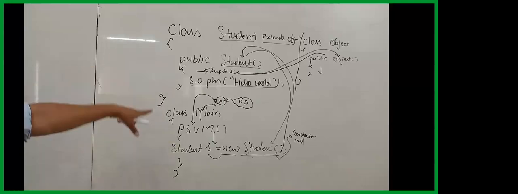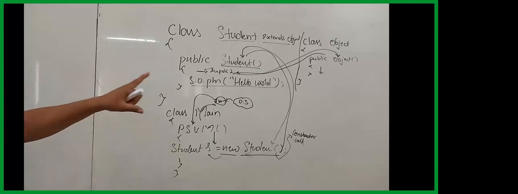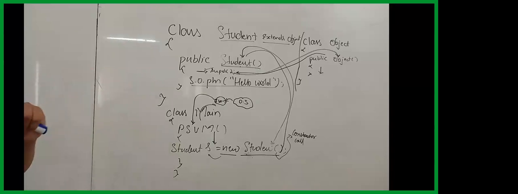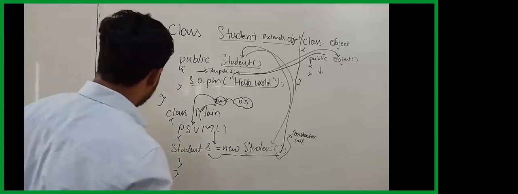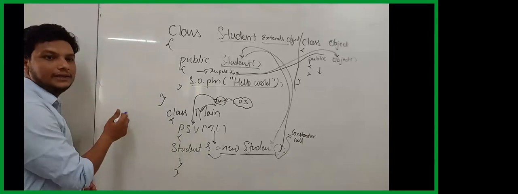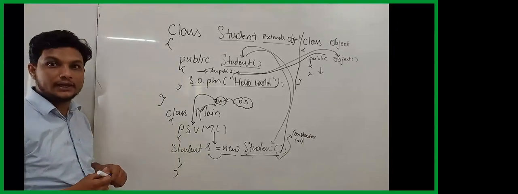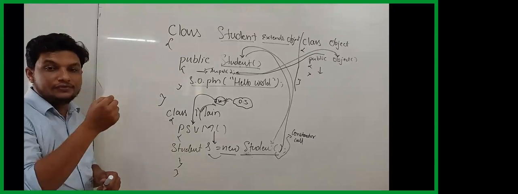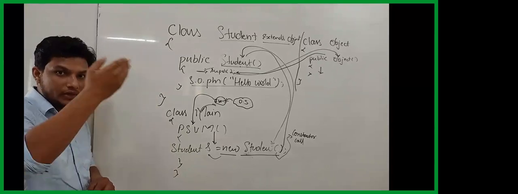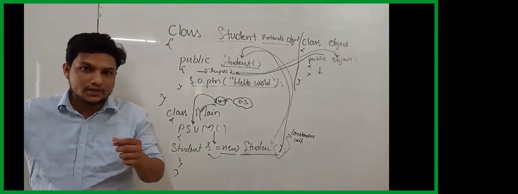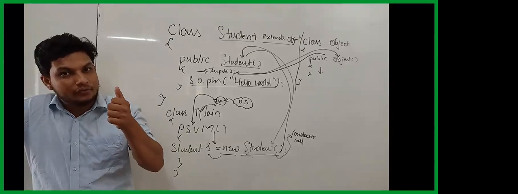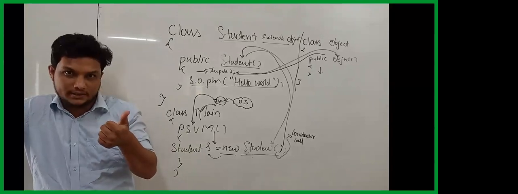When the class is loaded, what will happen? When the class is loaded, there is some procedure which will execute first. I have not taken the static concept yet; when I take the static concept, I'll tell which will load first and which will execute first. There is a hierarchy. First, static variables will get initialized.